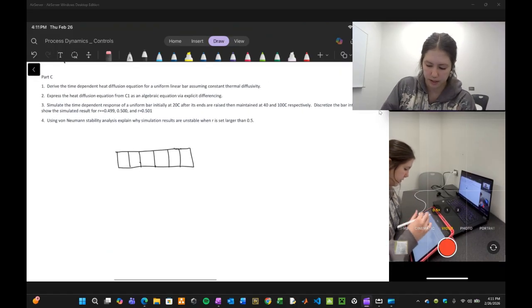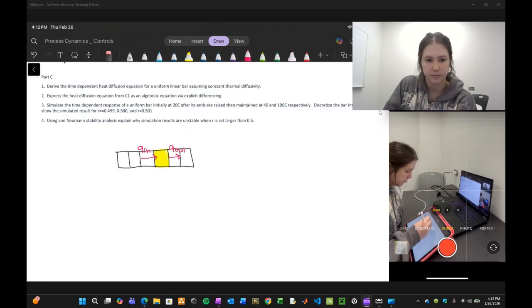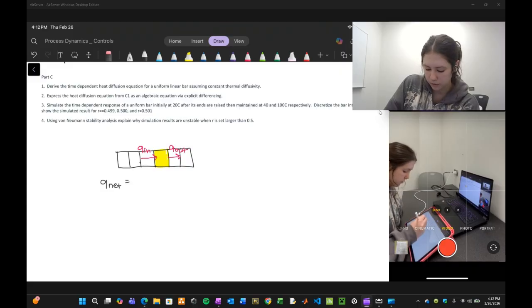And just focusing on one section, we know that there is a flow rate coming in, and there's also a flow rate going out. So our net flow, Q net, is equal to Q in minus Q out.